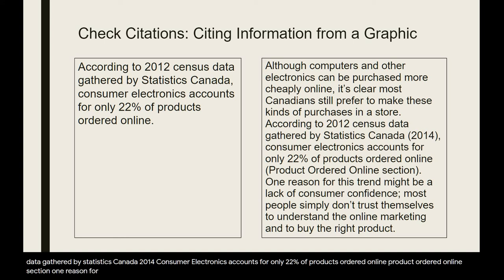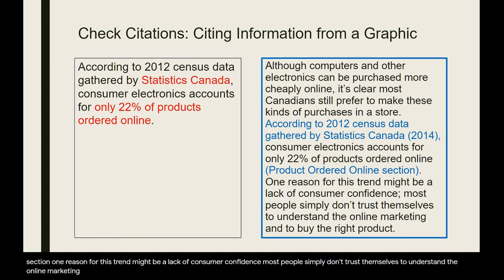One reason for this trend might be a lack of consumer confidence. Most people simply don't trust themselves to understand the online marketing and to buy the right product. So this just gives us a lot more information, right? According to 2012 census data gathered by Statistics Canada in 2014, and then we refer to the specific section that they're quoting.